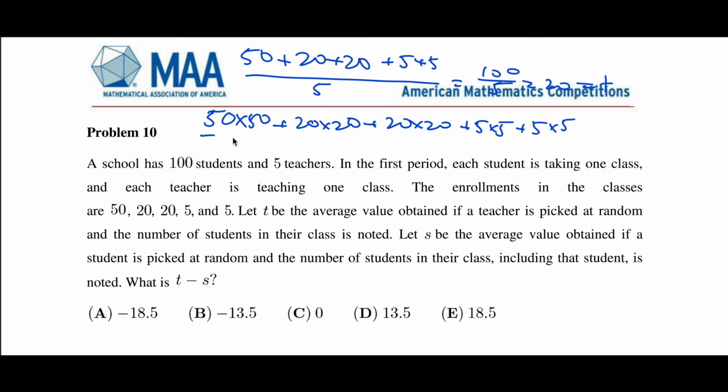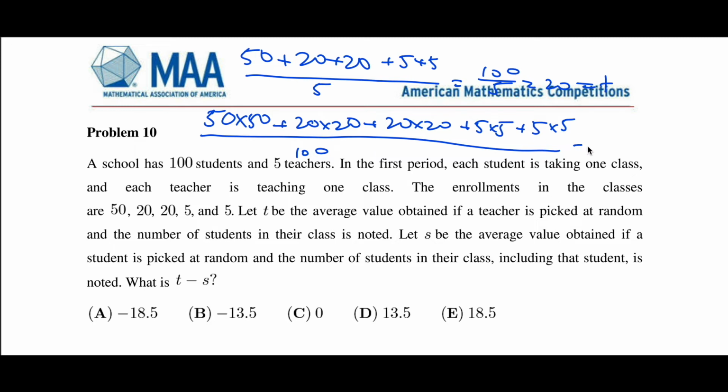Okay, and then divide by 100, which is the total count of the students. If you're wondering why it's 50 times 50, it's because if one of the 50 students in the first class is picked, the number to be added to the sum is 50. And similarly for the 20 times 20 and so on.